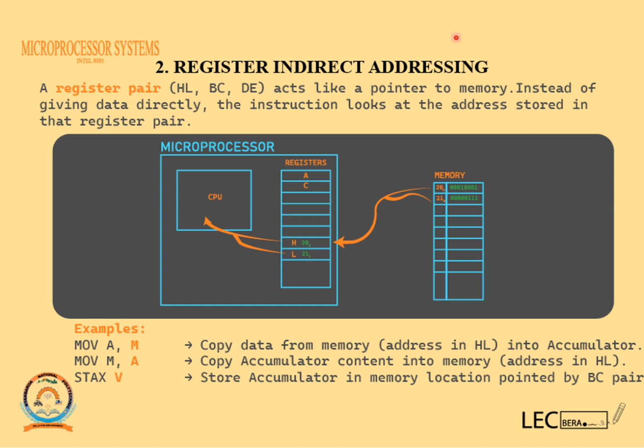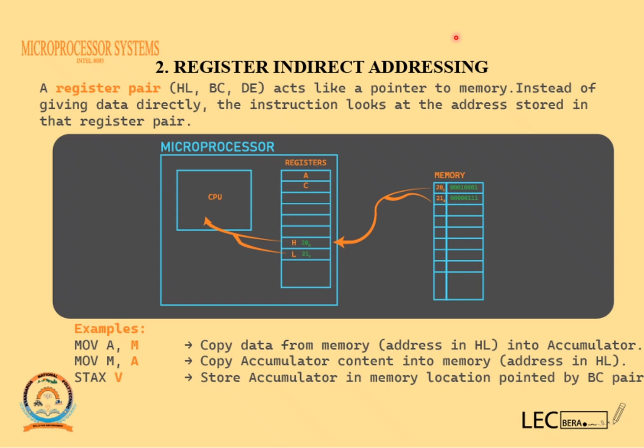Another type of addressing mode is whereby you are addressing the register, but actually when you go inside the register, you will not find the data, but you will find the address to the memory location which contains that data. That one normally happens.